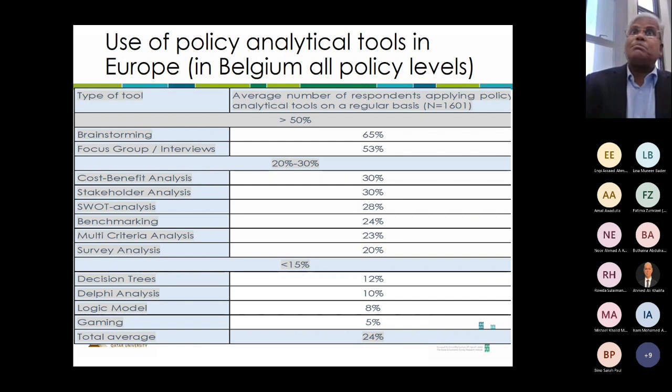But a much larger percentage of analysts and policymakers have used brainstorming and focus group interviews. This is the widely used method. More than 50% of policy analysts or stakeholders have used this method in Belgium at different levels. The least used methods are decision-making trees, the Delphi method, logic model, gaming, etc. There are other methods with a usage of 15 to 20%.